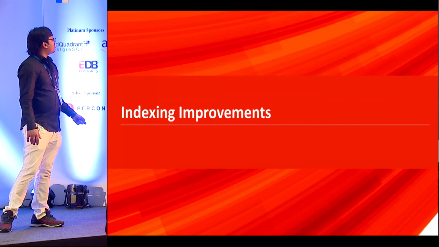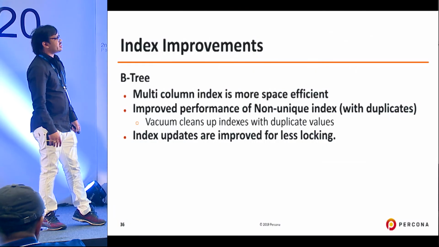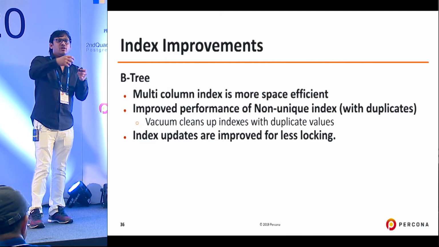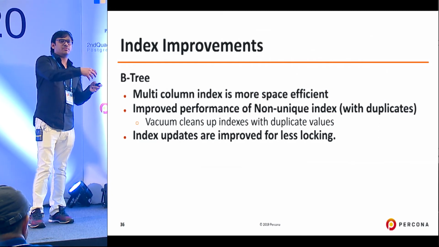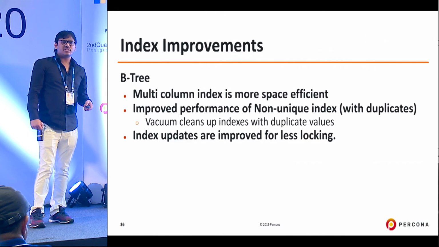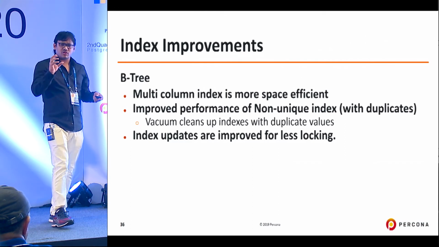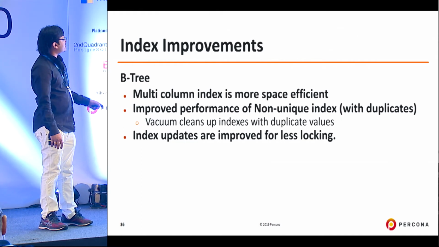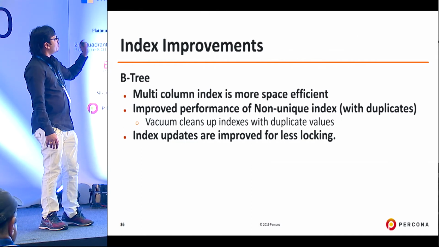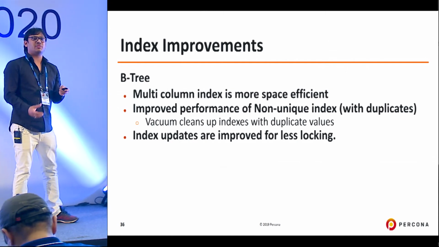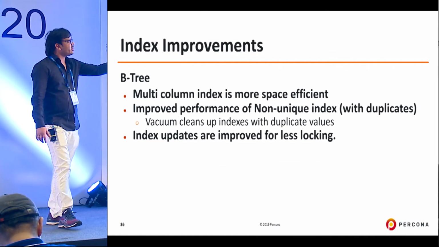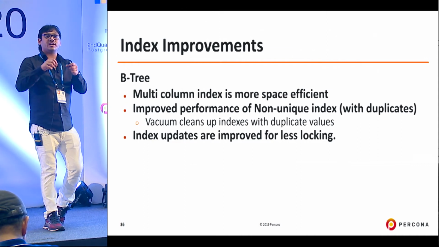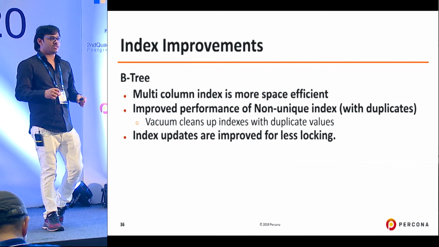And talking about indexing improvements, as I was saying earlier in the beginning, now if you dump your older database versions and load the dump into the new PostgreSQL, you actually see that the database size could be decreasing. The B-tree indexes, especially the multi-column indexes or the non-unique indexes with duplicates, are not stored the way they used to be earlier.